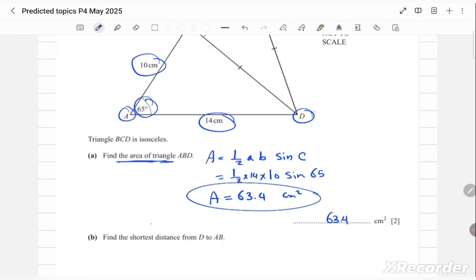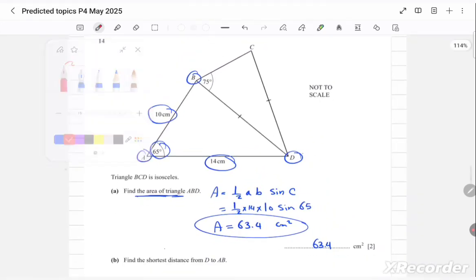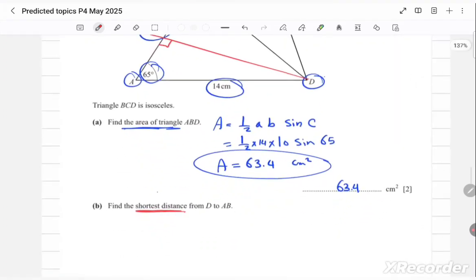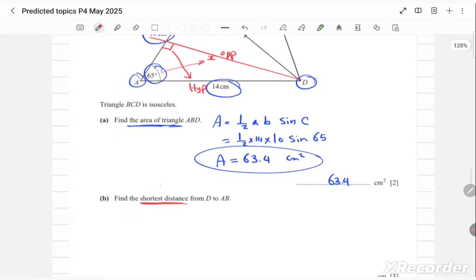Next question: find the shortest distance from D to AB. We need to find the distance from D to AB. Usually when it's the shortest distance, it means a right angle, 90 degrees. So now we have a right-angled triangle and we need to find this X. This is the opposite and this is the hypotenuse, so I can use sine.